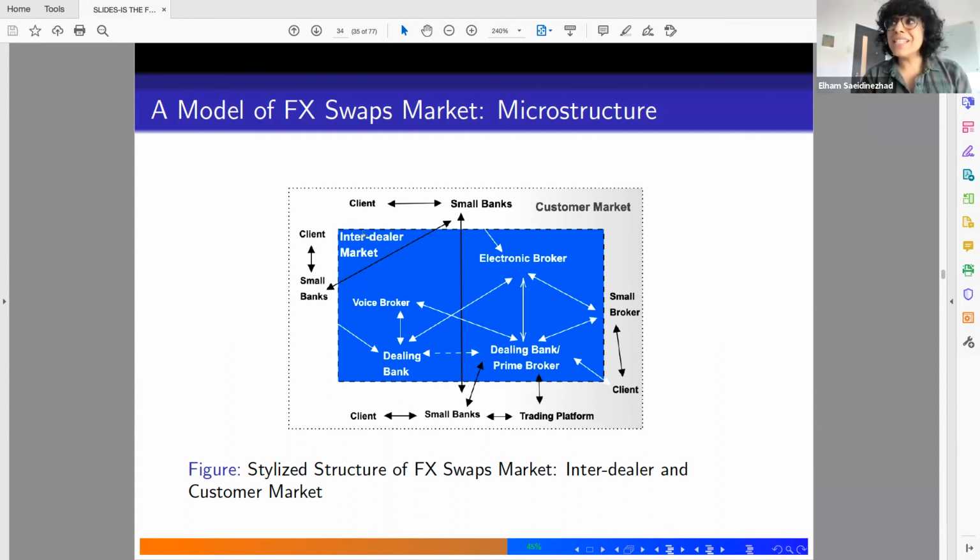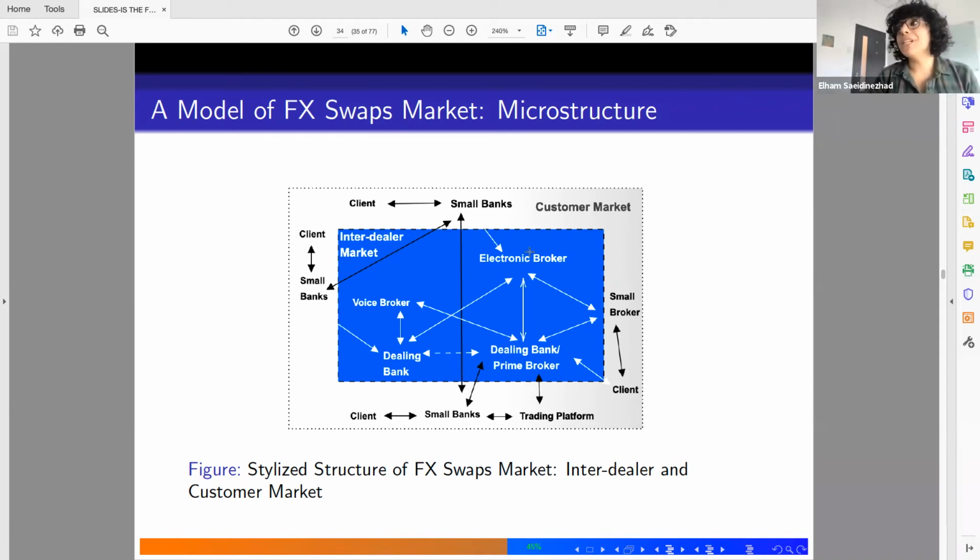This is an important thing to remember, because one of the structural changes we are going to talk about is that the share of the inter-dealer market is shrinking, and this is going to have implications for the FX swap dealers' spread, and consequently for the FX swap pricing.